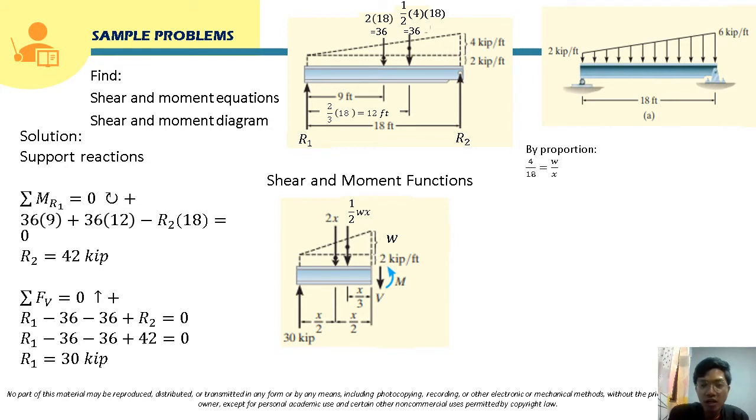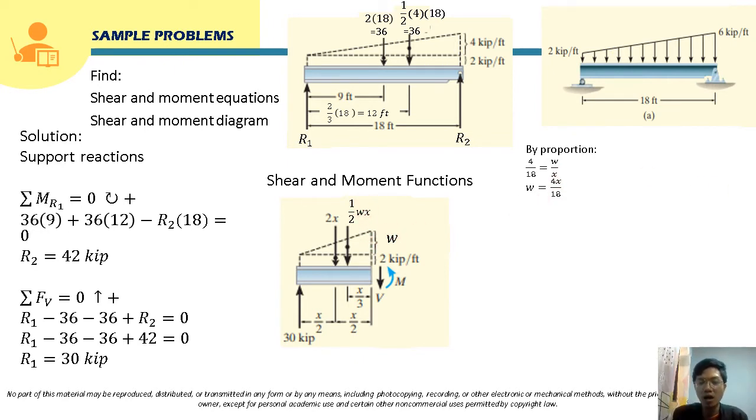Therefore, this will be 4 over the base of the larger triangle, which is 18, equal to the height of the smaller triangle, which is W, over its base, which is x. From here we can solve for W. So W is equal to 4x over 18. We are going to use this value of W and substitute that here and here.